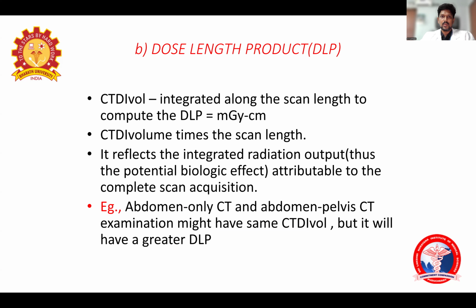Thus, it tells us about the potential biological effect. For example, an abdomen only CT and an abdomen pelvis CT examination might have the same CTDI volume, but there will be a greater DLP in the case of abdomen pelvis because the scan area is increased when compared to the abdomen only CT.